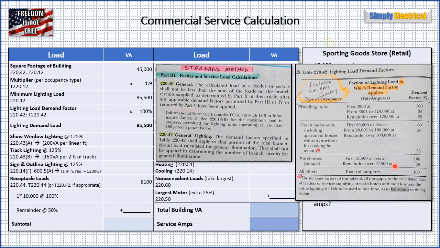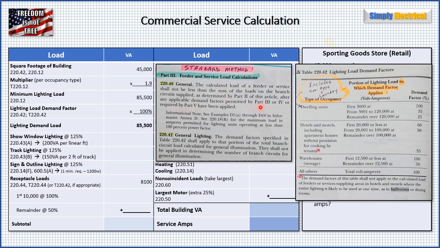Okay, now that we've calculated our minimum lighting load, we're going to find out what demand factor, if any, we can apply to that. So we're going to go to part 3 for demand factors. This is, again, the standard method, feeder and service load calculations. 220.40 says, and this is the general, the calculated load of a feeder or service shall not be less than the sum of the loads on the branch circuit supplied, as determined by part 2 of this article, which we just did, after any applicable demand factors permitted by part 3 or 4 or required by part 5 have been applied.